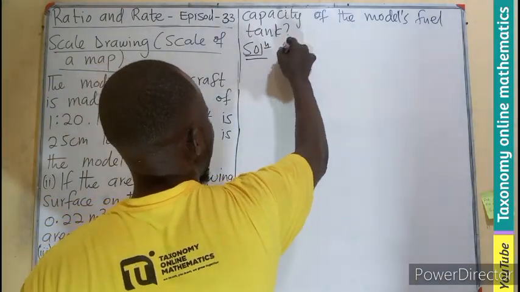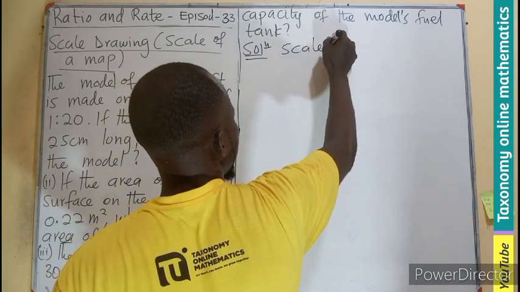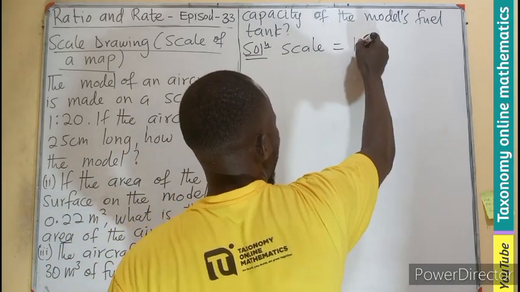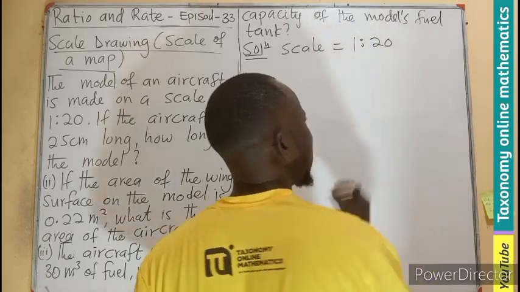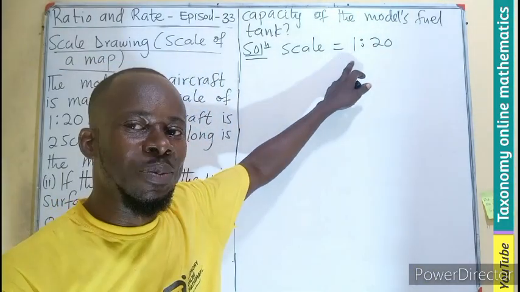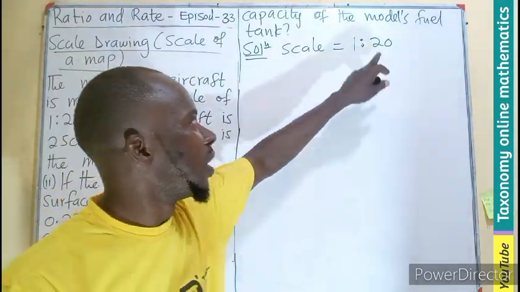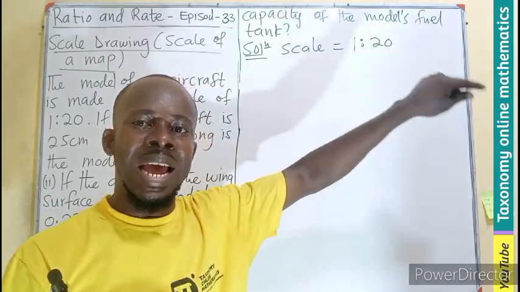So now picking the first information, we know that a scale is given as 1:20. That simply means 1 centimeter on the model equals 20 centimeters on the aircraft.